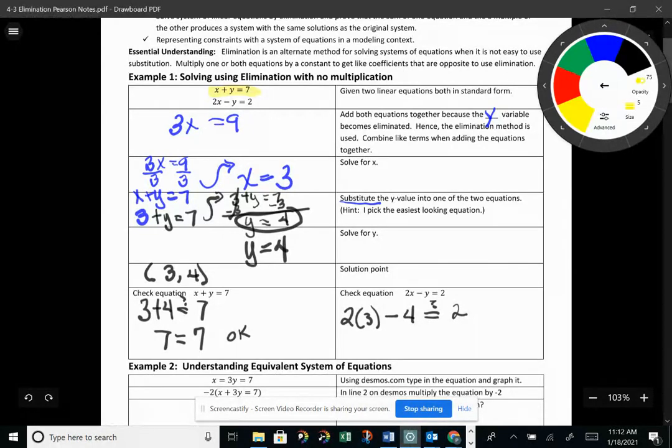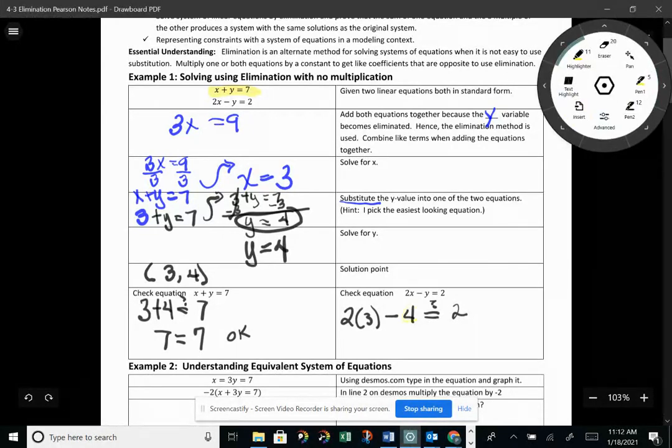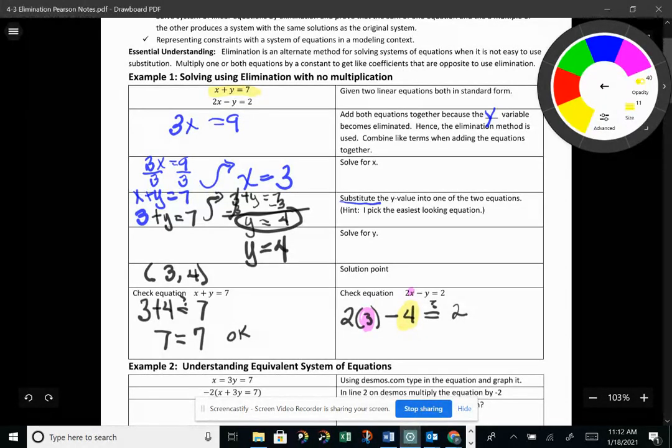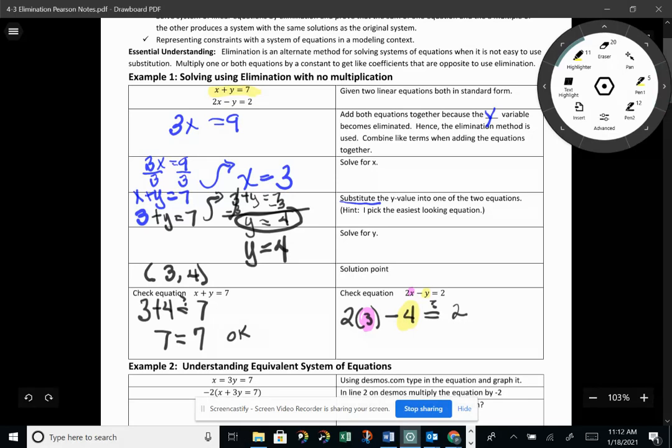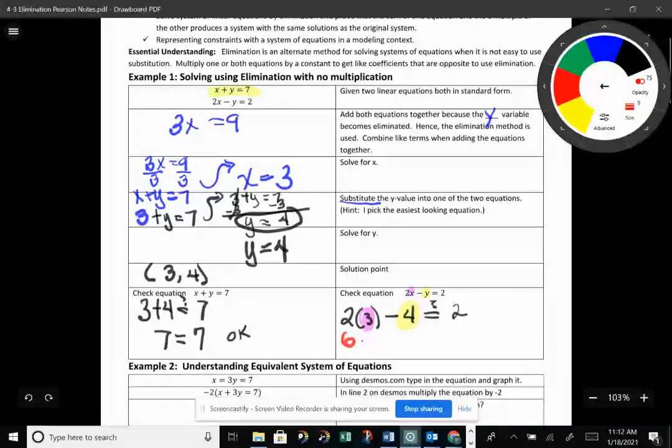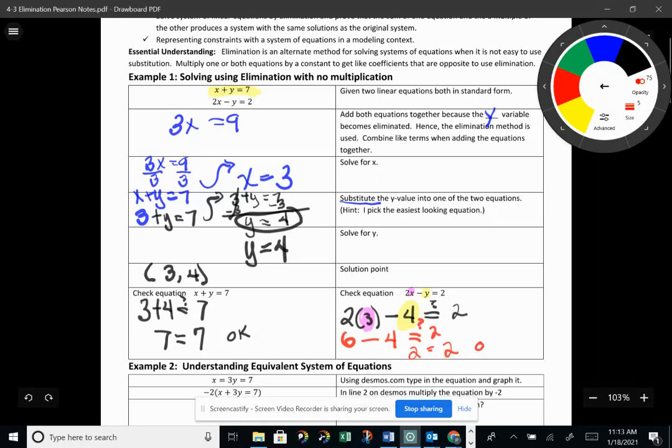All I did here was substitute 4 in for y and 3 in for x. So 2 times 3 is 6, minus 4. Does that really equal 2? Yep, 2 is equal to 2, so we're okay.